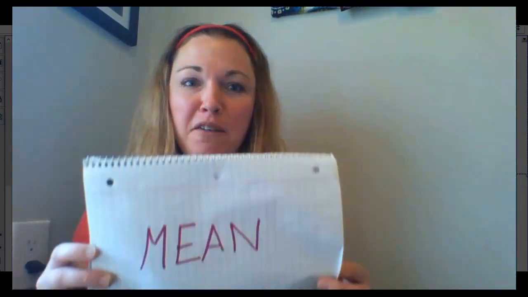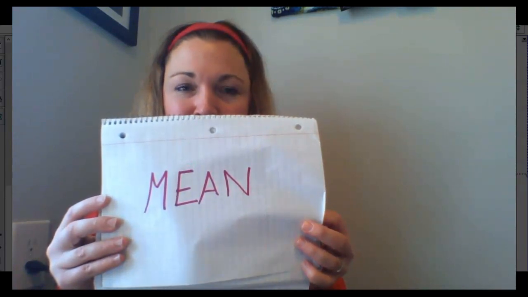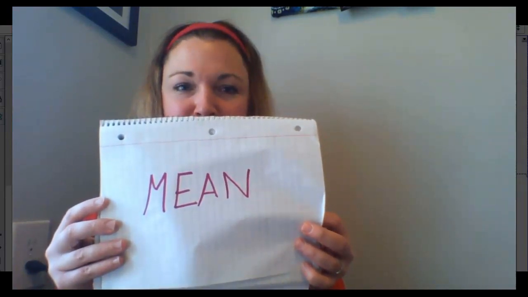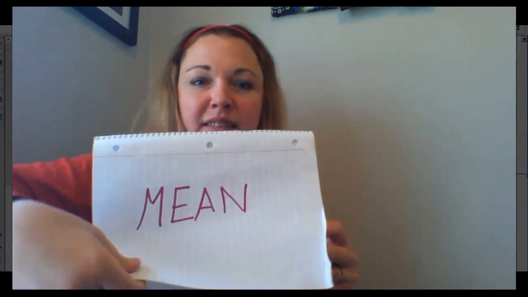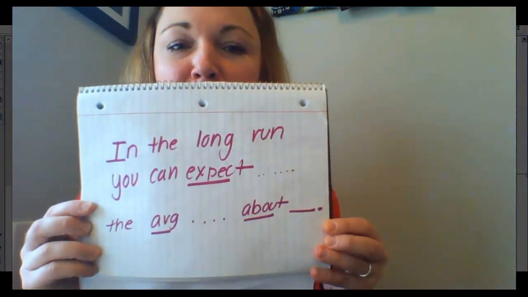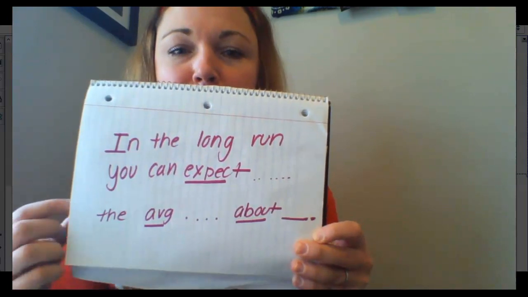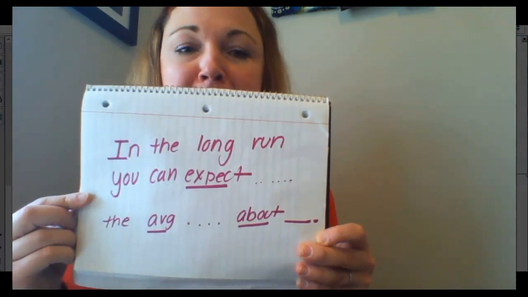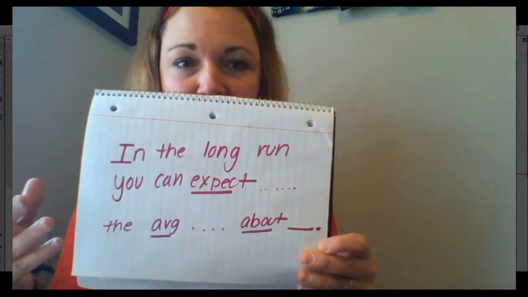Here we go. First word I want you to think about is, how do you interpret the mean? I'll give you a second to say it out loud. And here is what I was looking for. In the long run, you can expect, then you put context. You could expect the average, blah, blah, blah, to be about blank, okay?